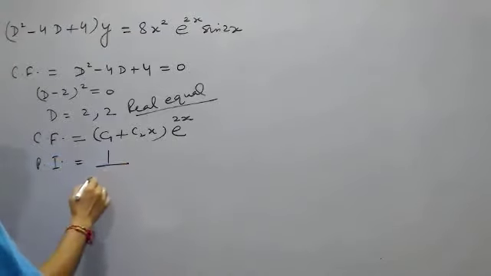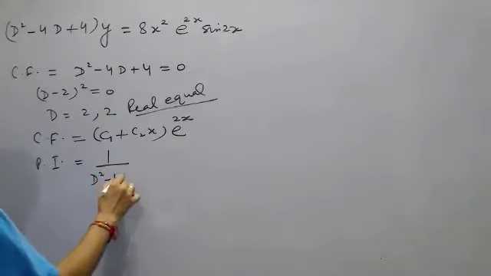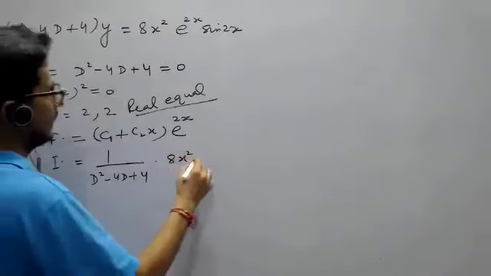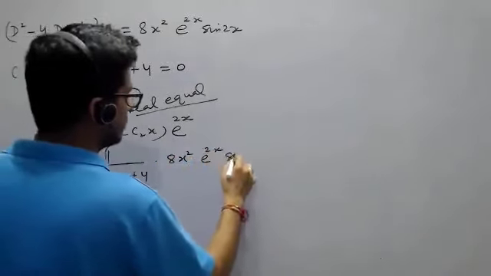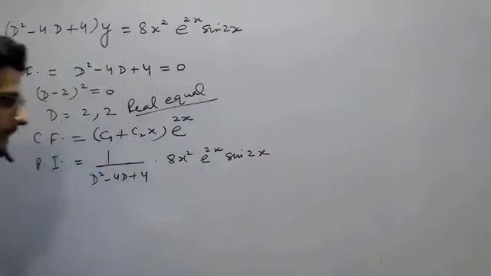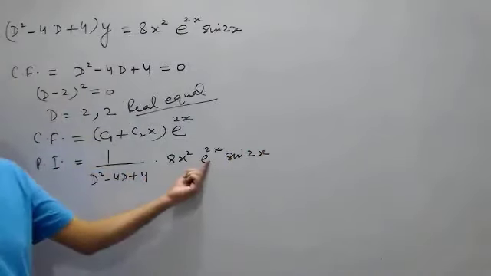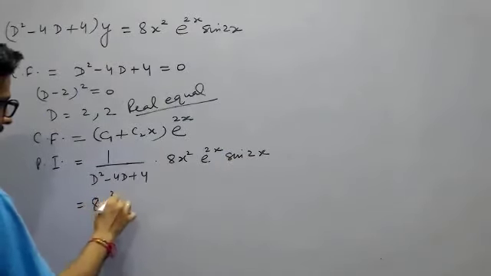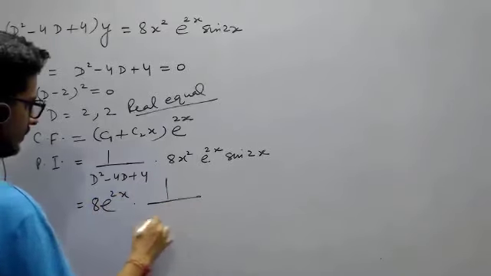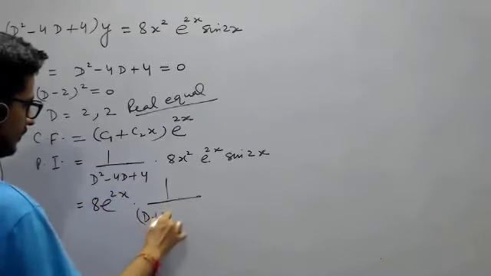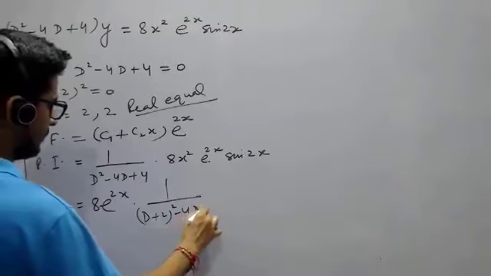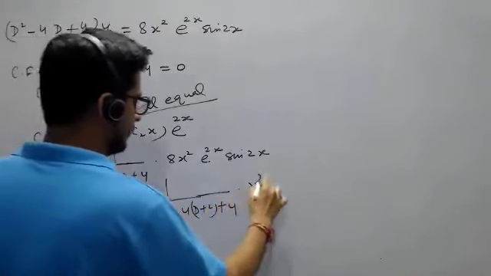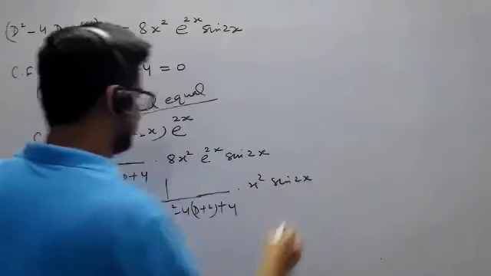That will be 1 upon D square minus 4D plus 4 into 8x square e to the power 2x sine of 2x. So first thing what I am going to do is take e to the power 2x outside. That I can do by putting D plus 2 whole square minus 4 into D plus 2 plus 4 into x square sine of 2x.